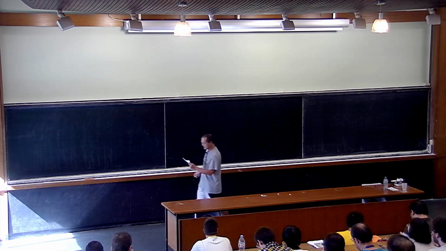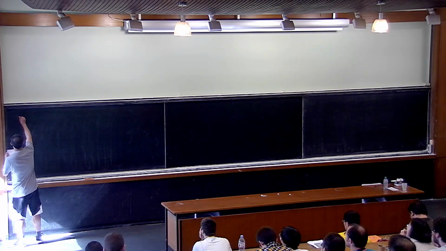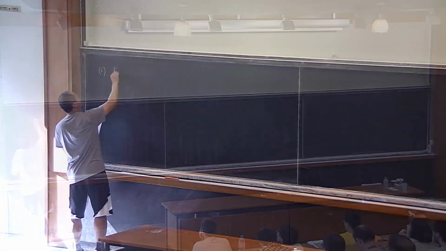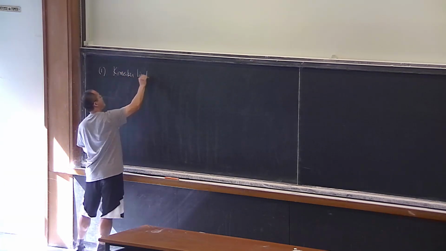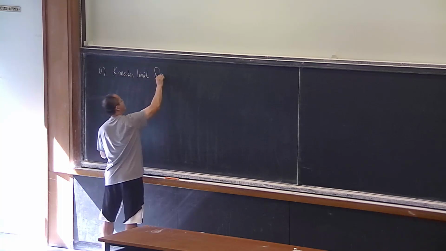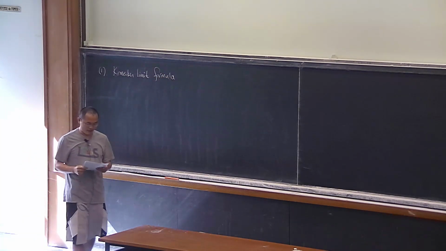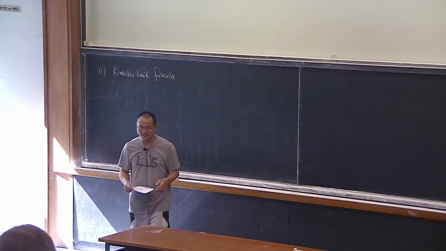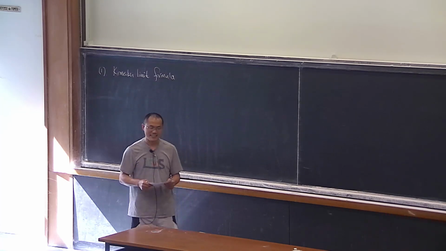So my talk will be 5 parts. The first part is the Kronecker limit formula. This is a classical formula about special values of the delta function, the Dedekind delta function.